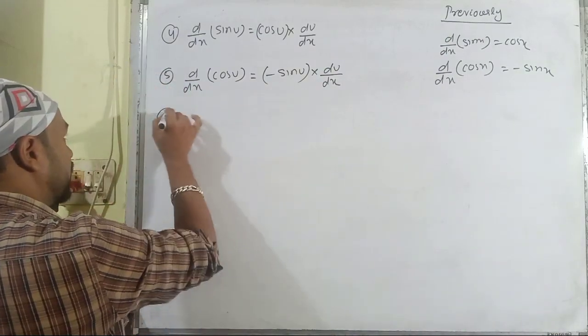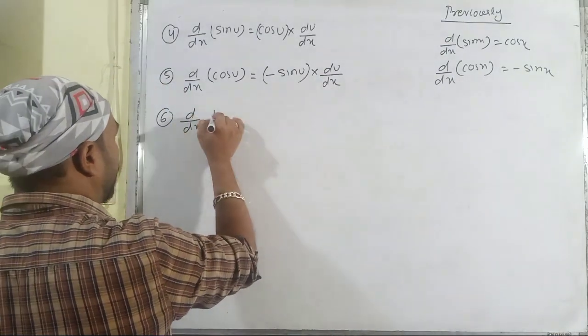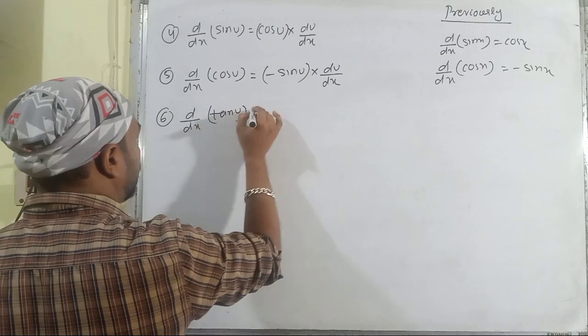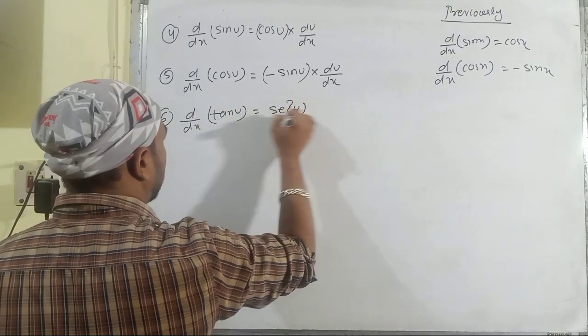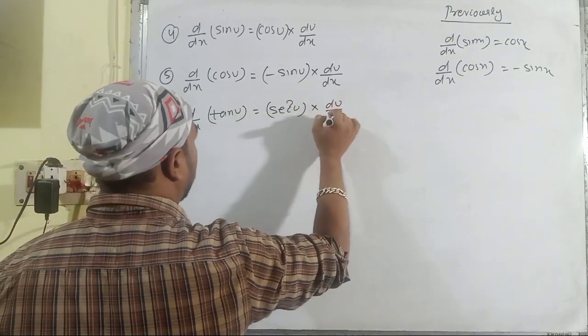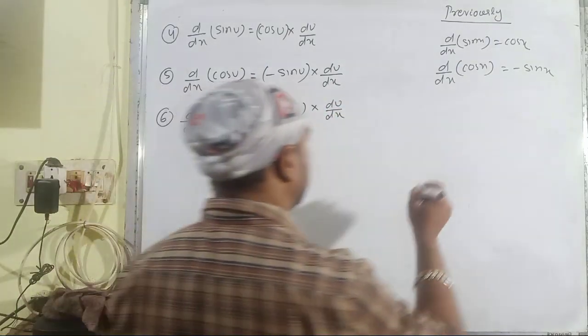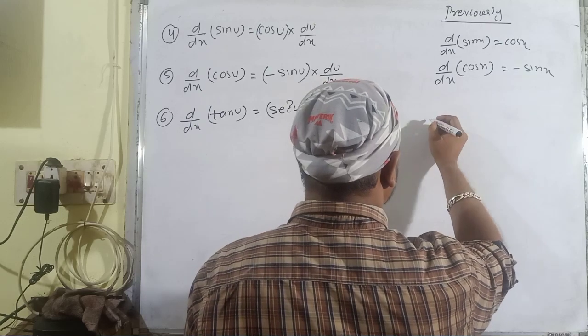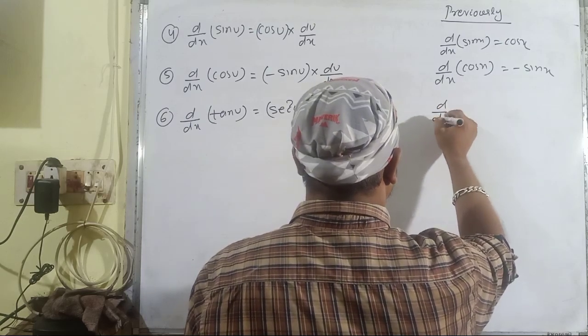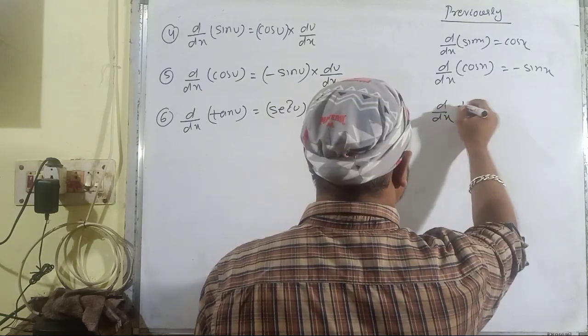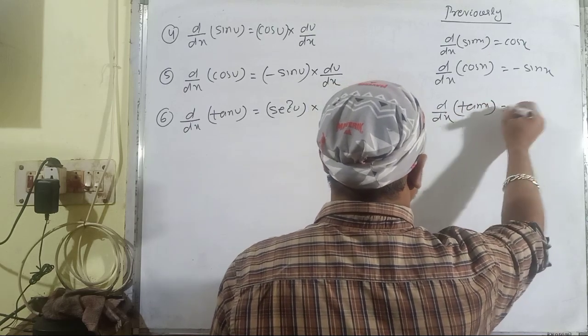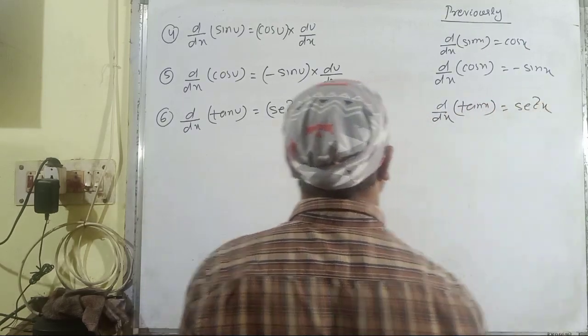Then number 6, differentiation of tan u is sec square u multiplied with differentiation of u with respect to x. Previously it was differentiation of tan x, it was sec square x.